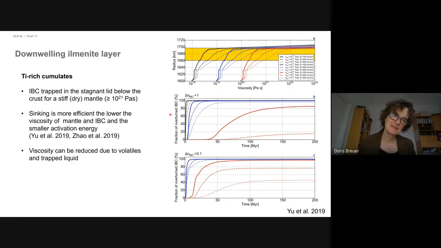So what we see here is the fraction of overturned IBC as a function of time. When you end up at 100%, that means that all the IBC sinks down into the interior.